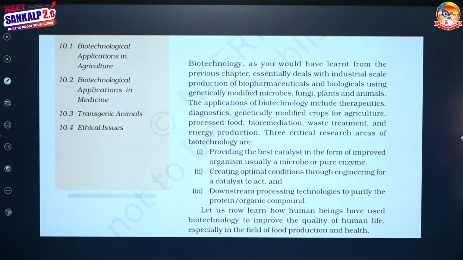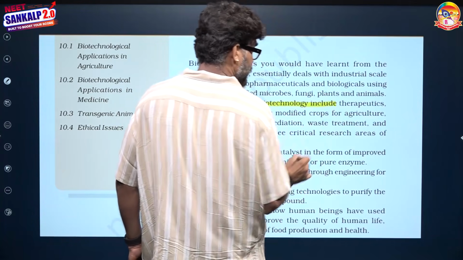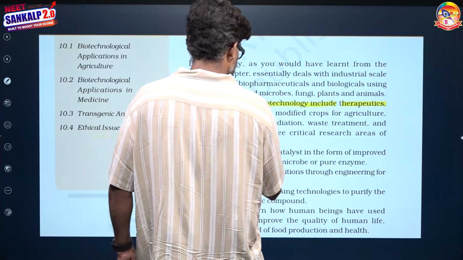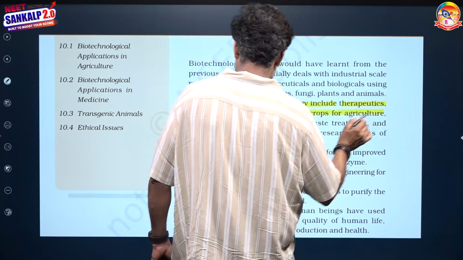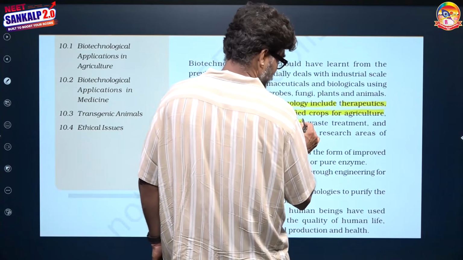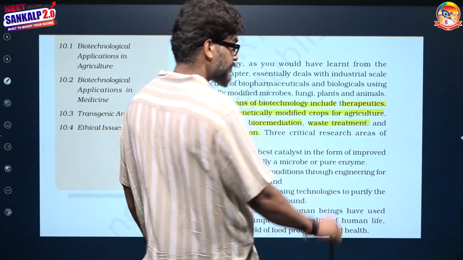Biotechnology, as you would have learned from the previous chapter, essentially deals with the industrial scale production of biopharmaceuticals and biologicals using genetically modified microbes, fungi, bacteria, animals. The applications of biotechnology include therapeutics, diagnostics, genetically modified crops for agriculture, processed food, bioremediation, waste treatment, and energy production.